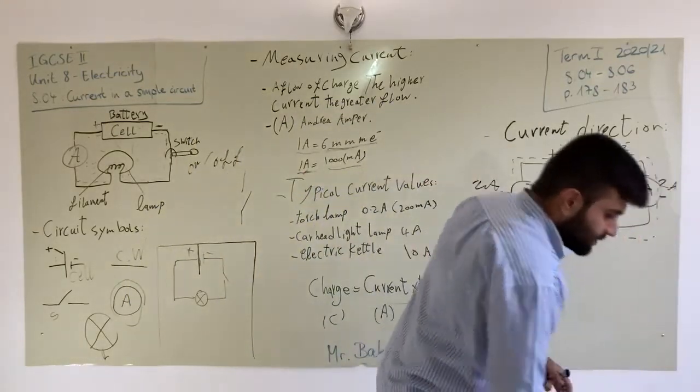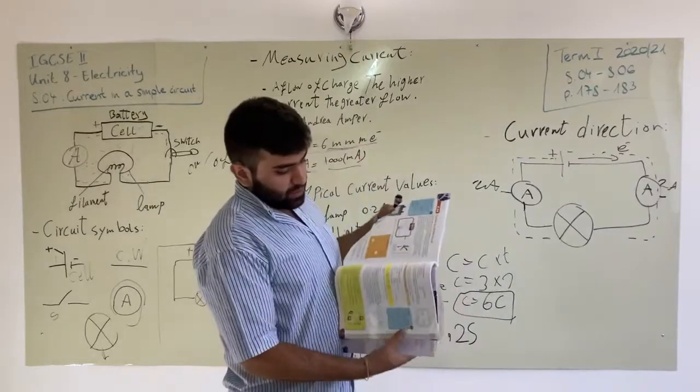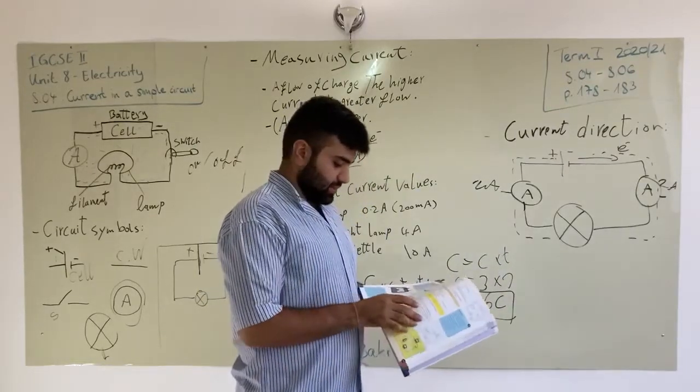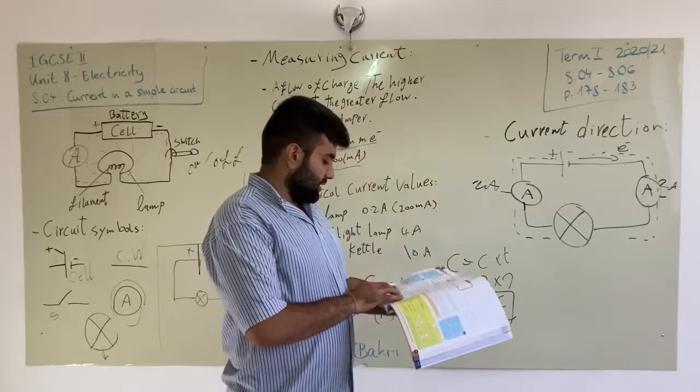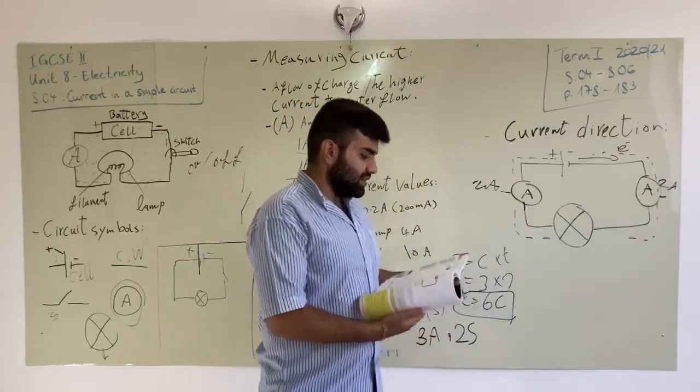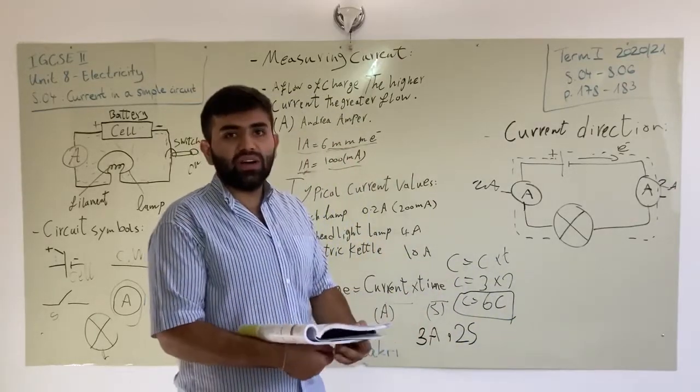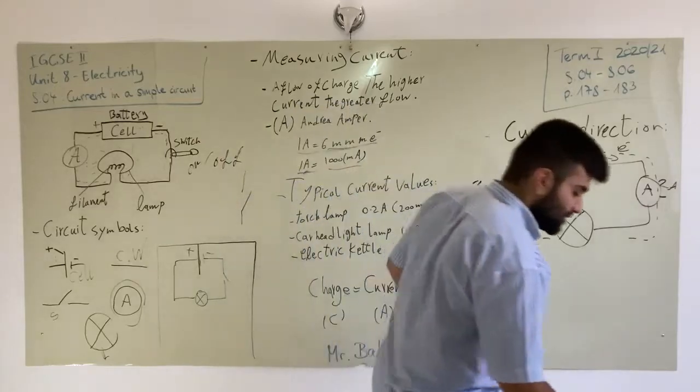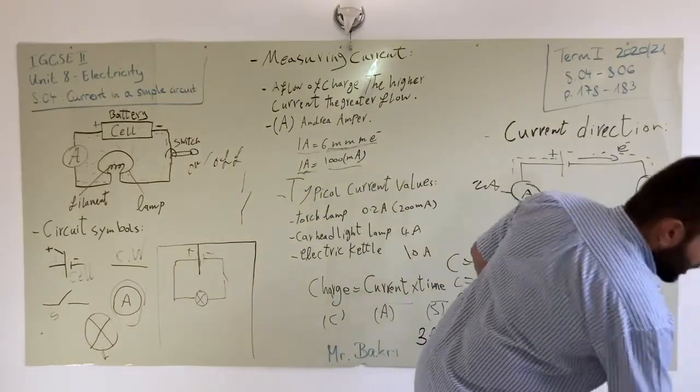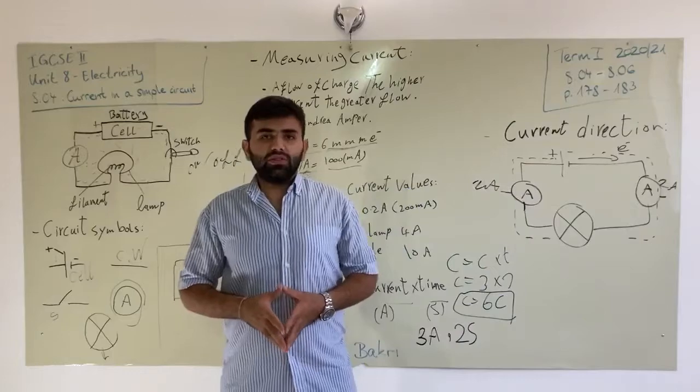So moving along to page 188.5 or 8.05, and we're going to talk about potential difference.